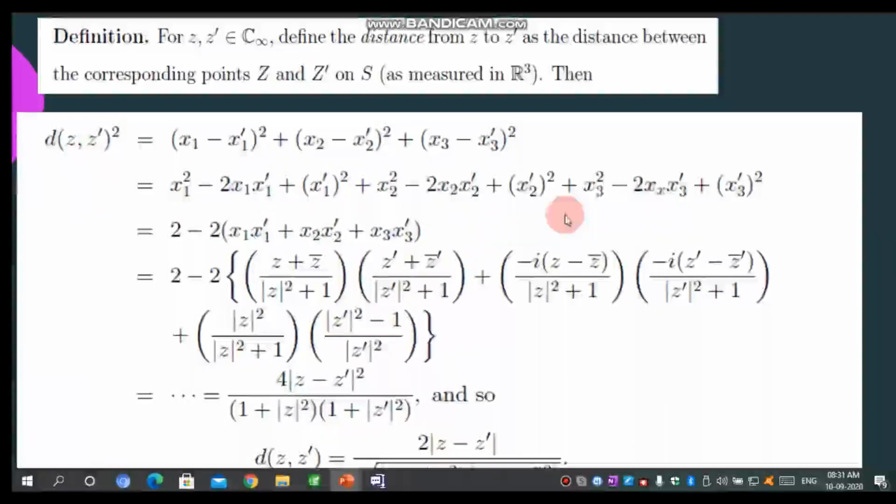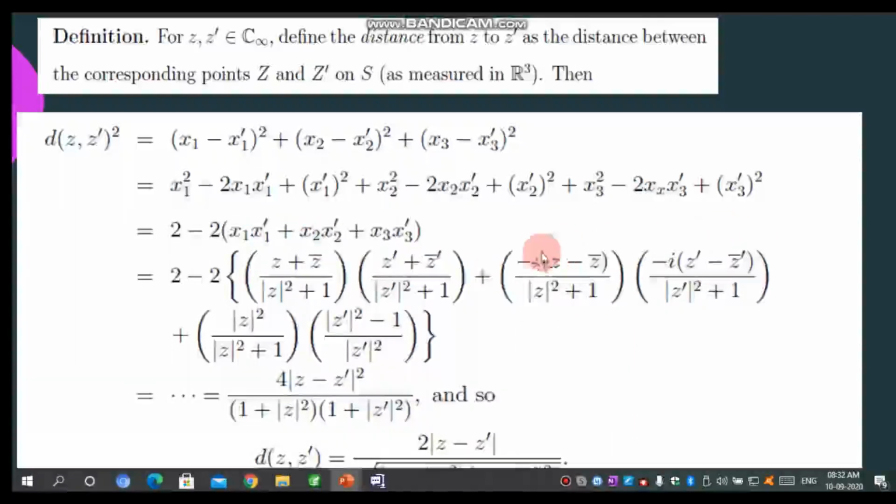When you expand this, you will get 2 minus 2 into the cross terms. How are we getting this? Since these are points on the sphere, x1 square plus x2 square plus x3 square is equal to 1, and similarly x1 dash square plus x2 dash square plus x3 dash square is equal to 1. So 1 plus 1 is 2, minus 2 into this term. You can have x1, x2 in terms of z, and x1 dash in terms of z dash.